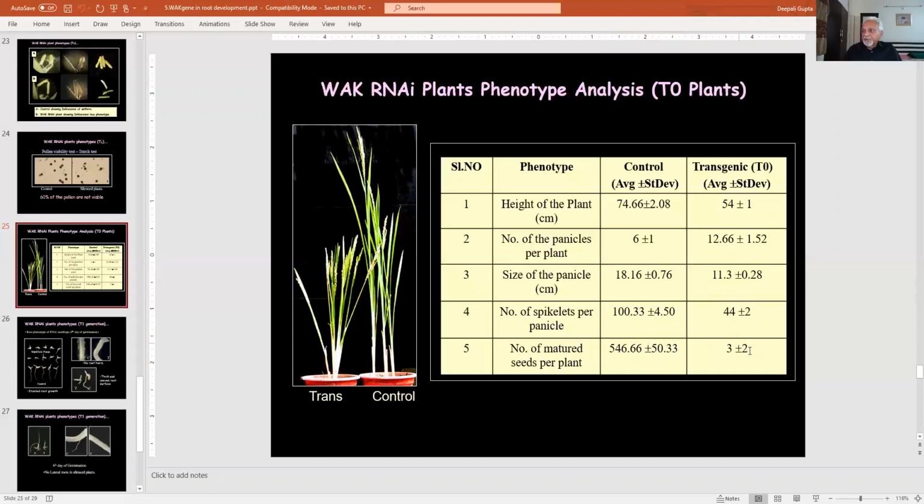In the silenced, we could see only 3 to 4 seeds per plant. So visually, it was affecting the plant productivity. It means the silencing of this gene has affected the overall growth of the plant, which resulted in the reduction in the number of seeds per plant, 3 to 4 seeds per plant as compared to this.